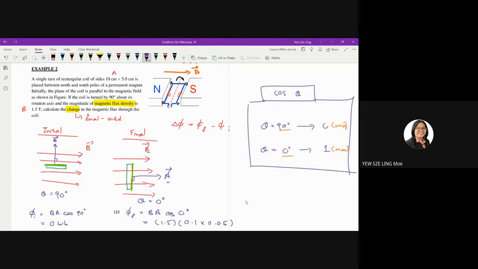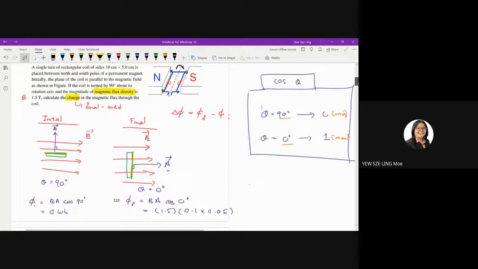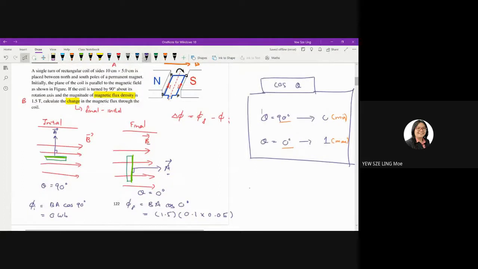After that, what are we going to do? You just calculate the value, which will then give you a value equal to 7.5 times 10 to the power of negative 3 Weber.